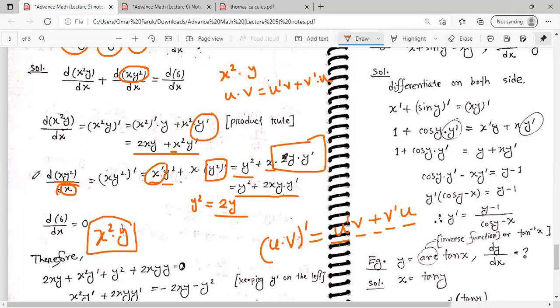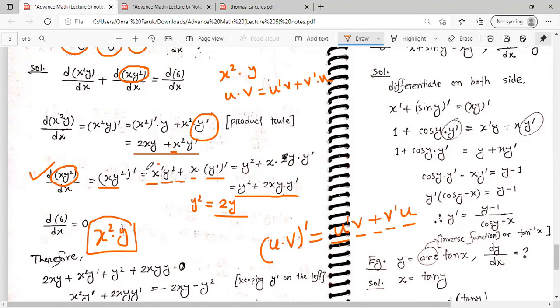So now on the next line, we have xy square. So xy square, this is also again a product rule. Derivative of the first function and we keep the second function, plus derivative of the second function and we keep the first function.